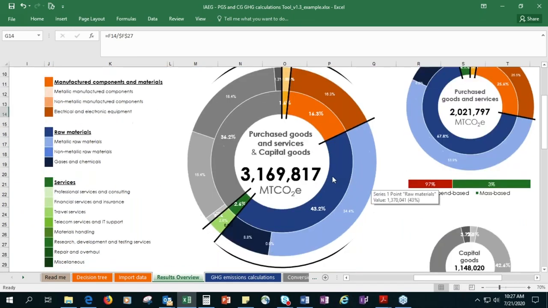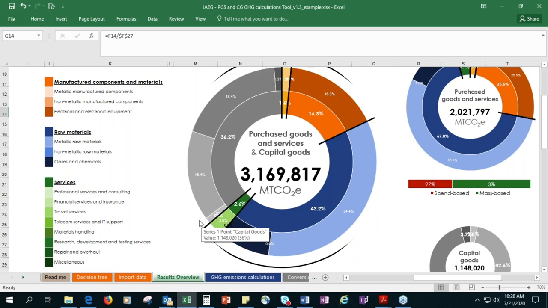So this first donut chart shows that entire 3 million, both purchase goods and services, as well as capital goods. And then you can see here over on the left-hand side, a color-coded key where you can determine where these slices of impact. Again, we identified raw materials as a big category within purchase goods and services. So you can see that larger blue component is taking up a pretty good size of that donut.